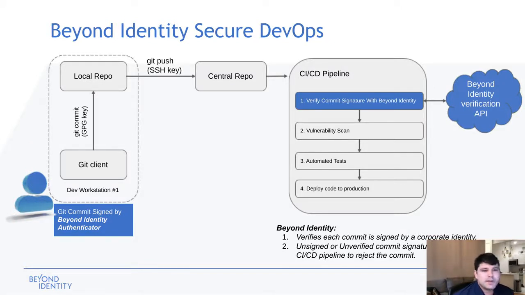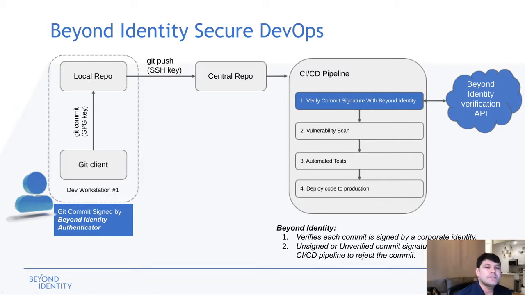So we've built a few components that you can integrate into your developer workflow, and I'll talk about those now. The first component is the Beyond Identity Platform Authenticator, which is used to sign the Git commits inside of the developer's domain. The other component is a module that can be imported into your CI/CD pipeline.